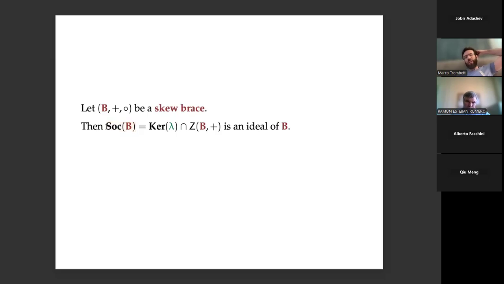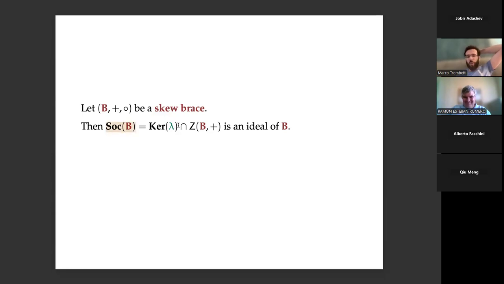The socle is not a very nice term, in my opinion, because I come from the world of group theory, but also from ring theory. The socle for me is just the subgroup or the subring generated by all the minimal substructures which are normal, so it does not have anything to do with that stuff here. I don't know why they introduced it with that name, but anyway, this is now the standard term.